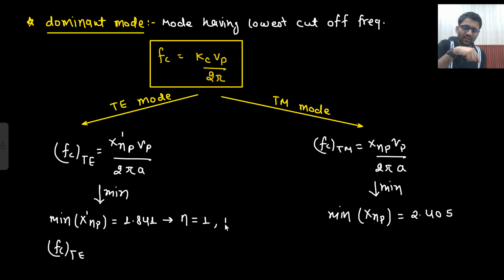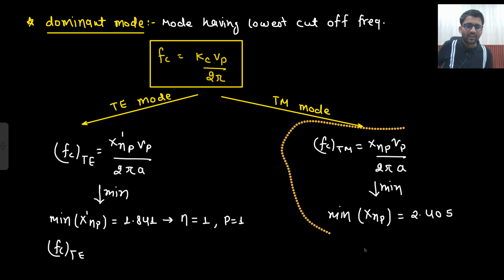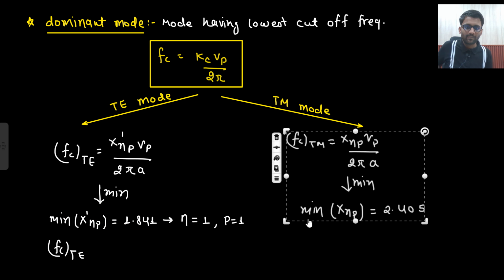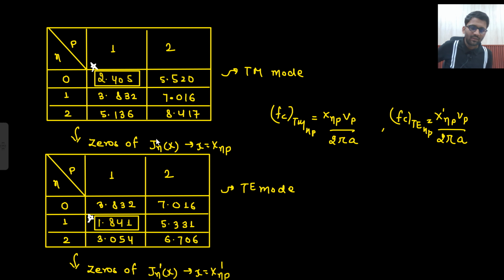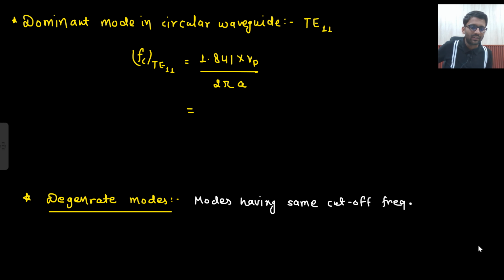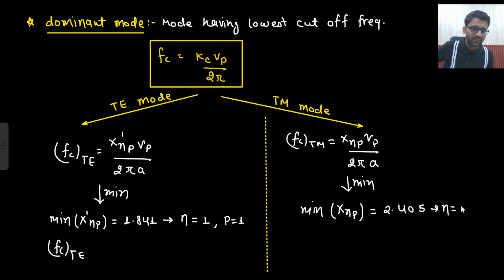The value of N is 1 and the value of P is 1. And for which value of N and P are you getting 2.405? Here N is 0 and P is 1.